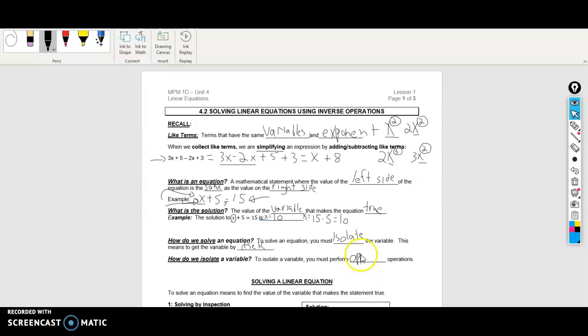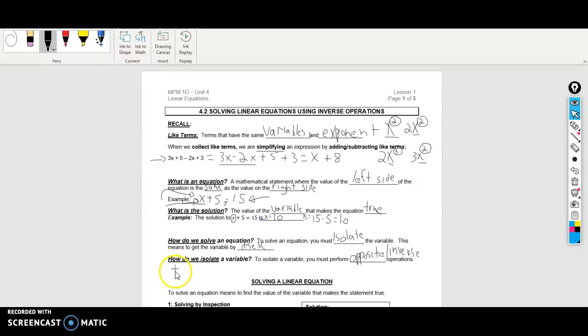Opposite, another term is inverse operations.